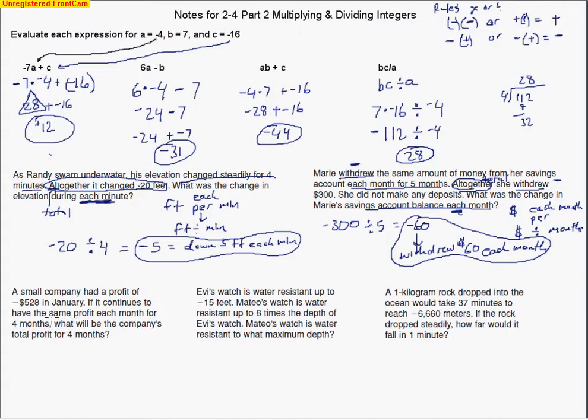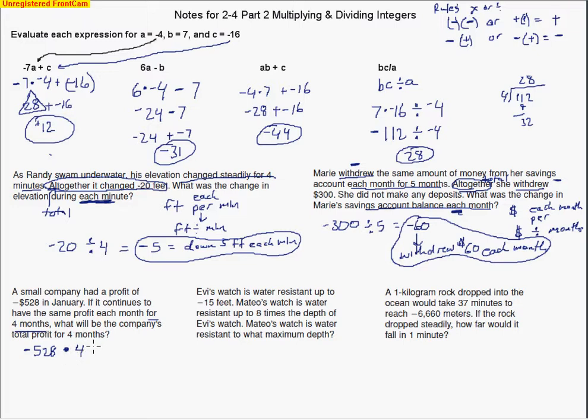And so if this continued for each month for 4 months, so notice that if it continued the same profit each month for 4 months, since we're going for 4 more months, we need to find out how much it's going to be after that. And so after 1 month, it's just $528, but after 4 months, it's going to be more. So that means we're going to end up having to multiply these.